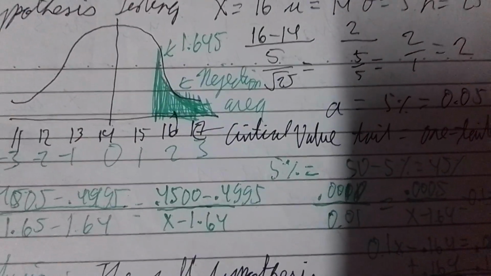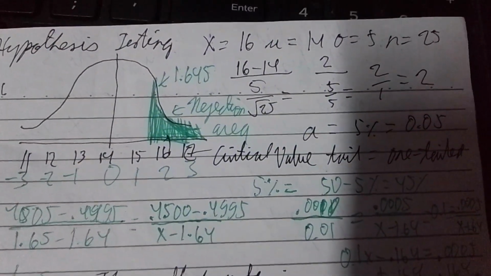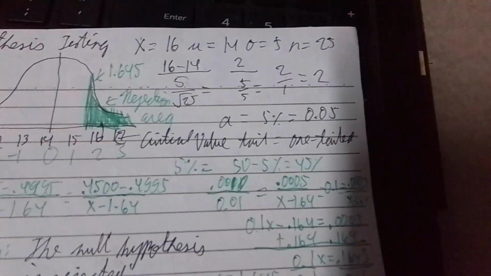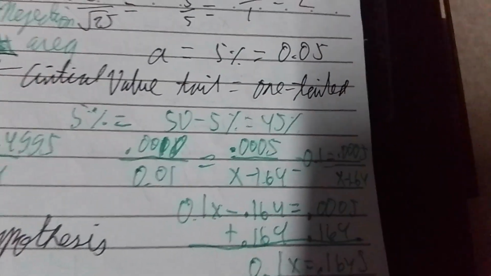Then on the right-hand side, this becomes 0.0005, and divide by x minus 1.64. Then we divide by 0.001 and get this answer of 0.01. And now we apply the distributive property.